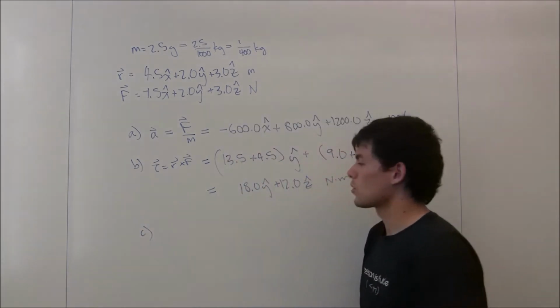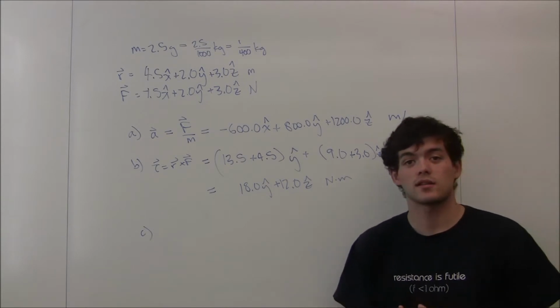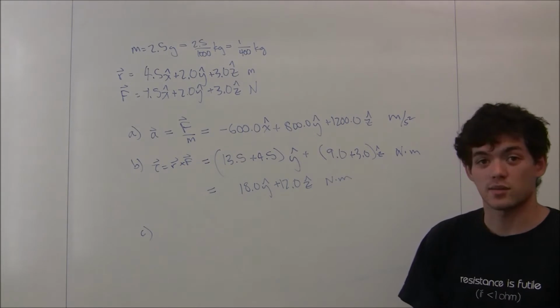Finally, in part C, we're asked what the angular momentum of the particle is going to be for very short times t, for which r and F will not have changed appreciably.